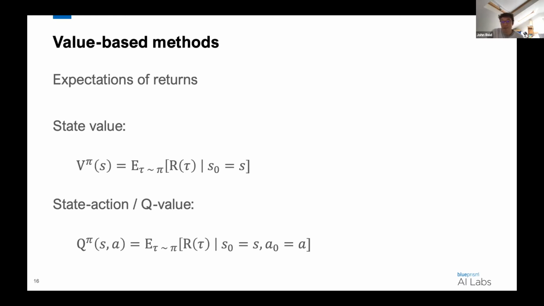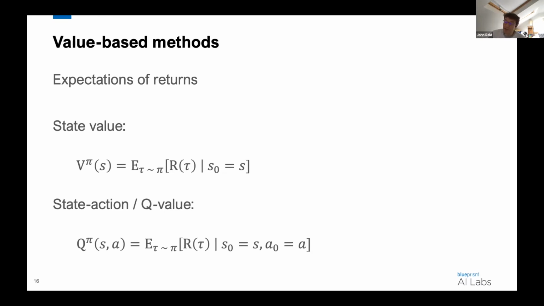We can see here that these are expectations of returns, right? The return is the discounted rewards in the long run. Once we have defined our returns, infinite horizon discounted or finite horizon undiscounted, we're interested in choosing our policy pi so as to maximize an expectation.